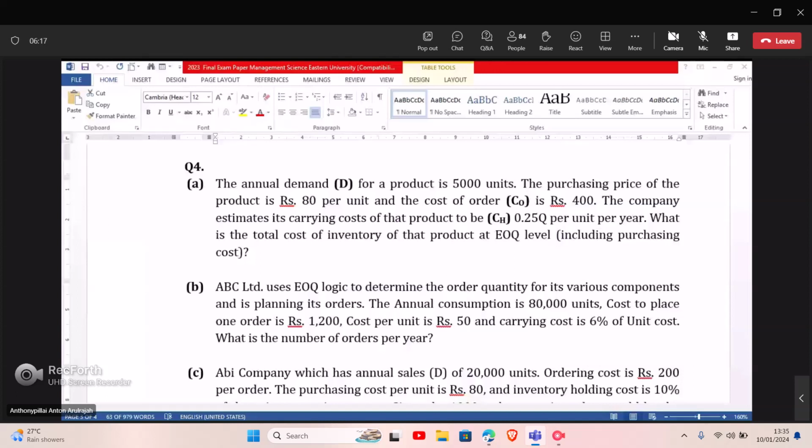Now if you multiply this one, 5,000 multiplied by 400 is about 20. Then 0.5 multiplied by 0.25.